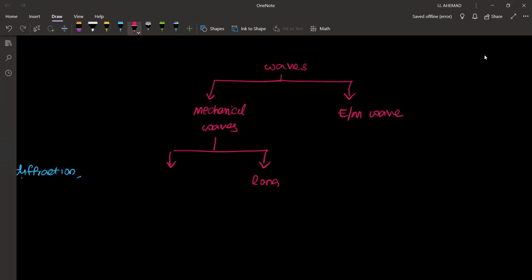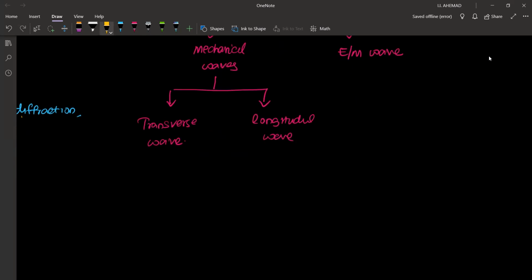longitudinal wave and transverse wave. So this longitudinal and transverse wave is like this. When we have a wave that is propagating in this direction, we know these waves are vibrations.